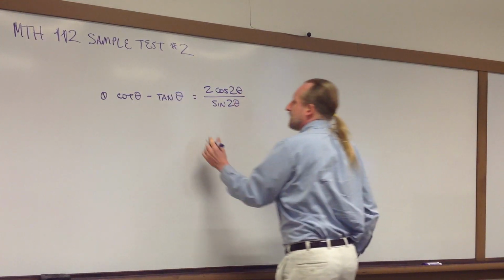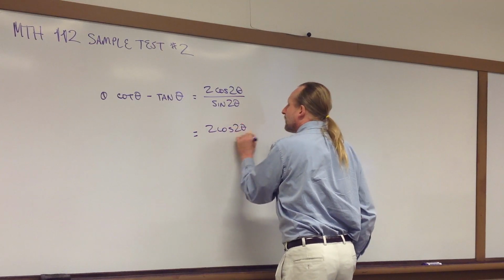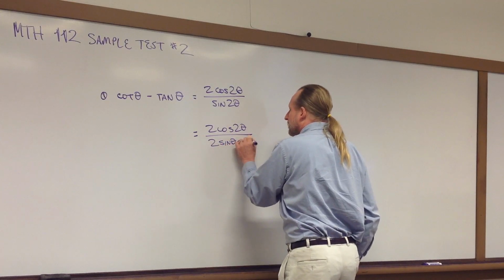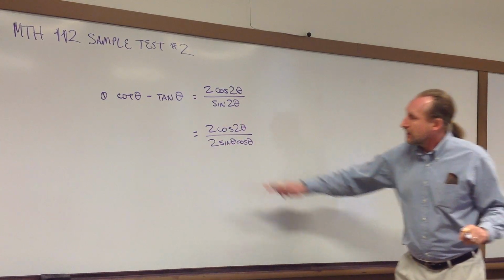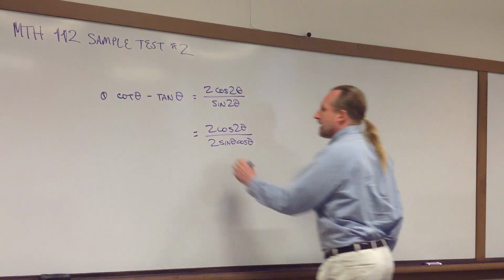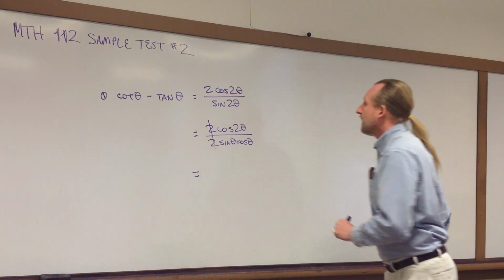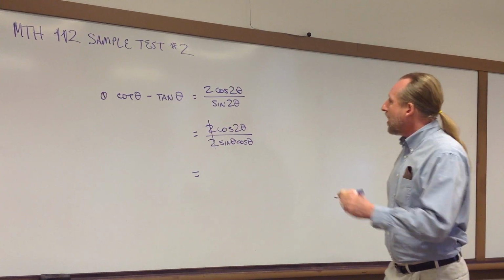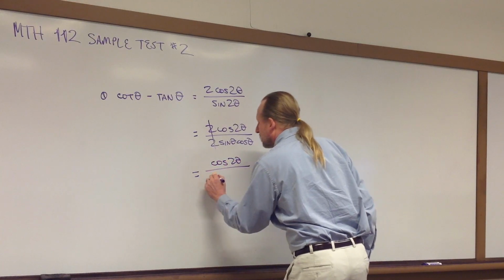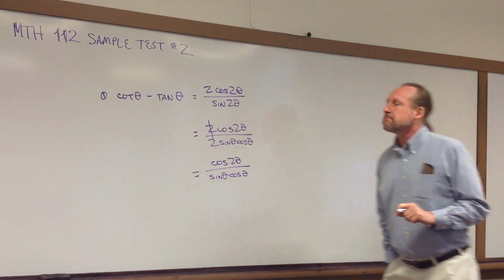So I'll work on this side first. I'm going to leave that cosine 2 theta alone for a minute, and then I'll rewrite sine of 2 theta using its identity 2 sine theta cosine theta, and that allows me to cancel these 2's out. And then let's see here. I'll just leave it like this, cosine 2 theta on top and sine theta cosine theta on the bottom.